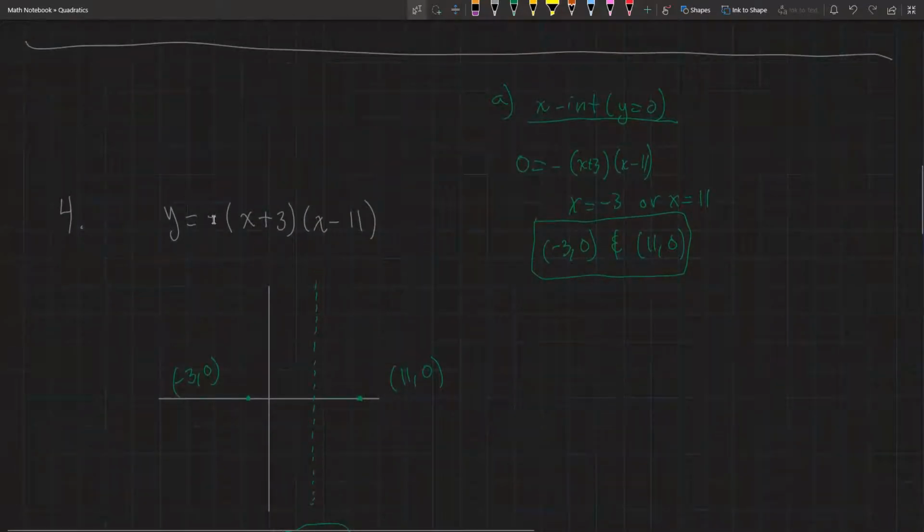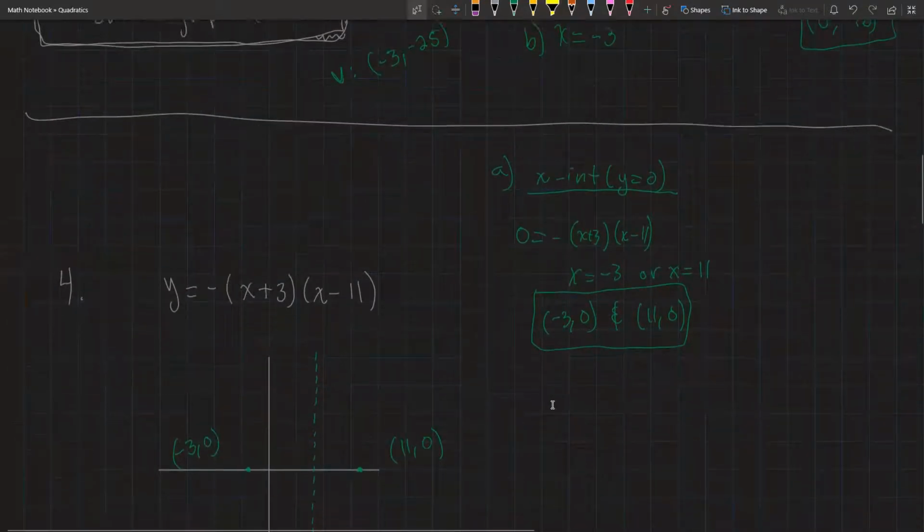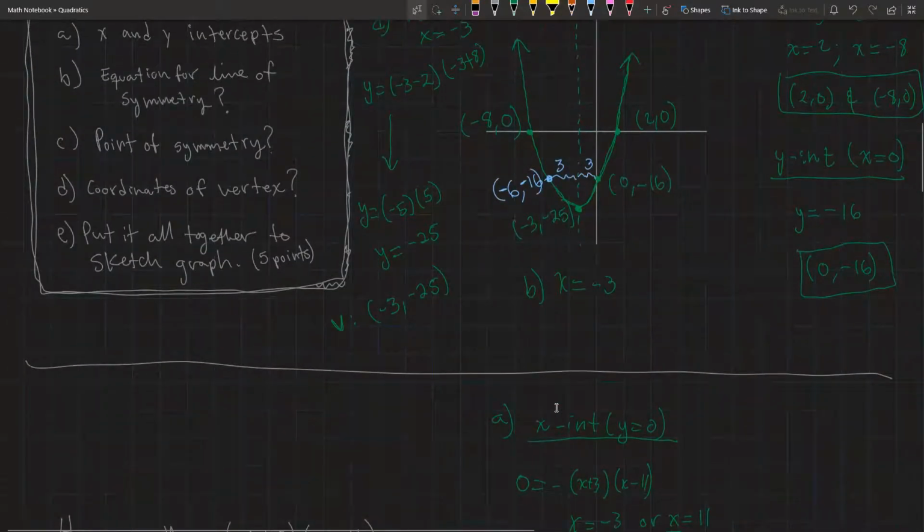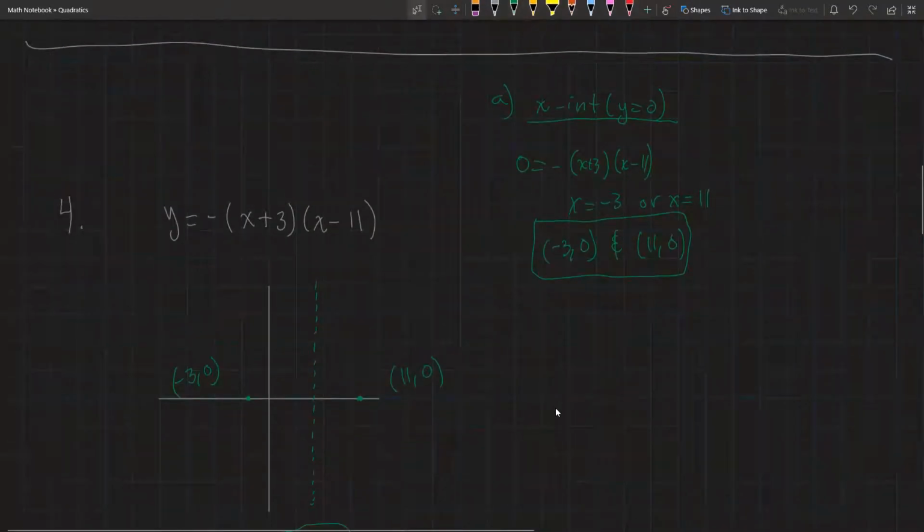And we know that this is negative. It's going to be some form of negative something squared. So I think the next thing I want to find is the vertex. For me, I'm going to think of the vertex, D. And remember that it was y equals negative. If we were to multiply this in our head quickly, we would get x squared minus 8x minus 33.